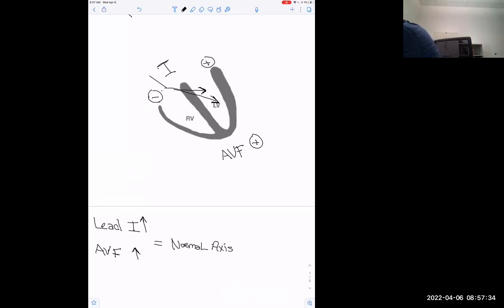Let's look at some derivatives of that. Let's look at a common finding, which would be left axis deviation. As the term suggests, left axis deviation is when, and I'm going to draw it pointing to the left.